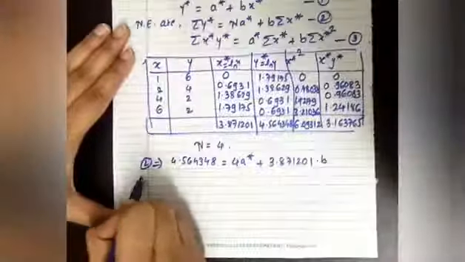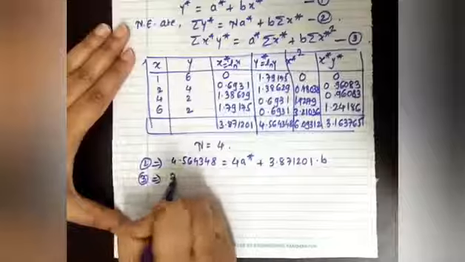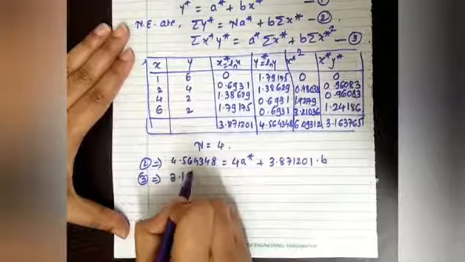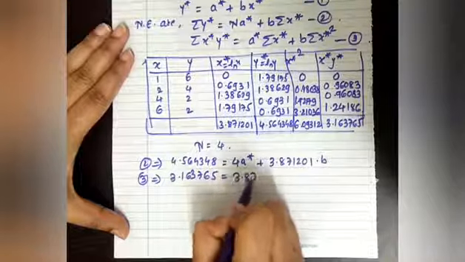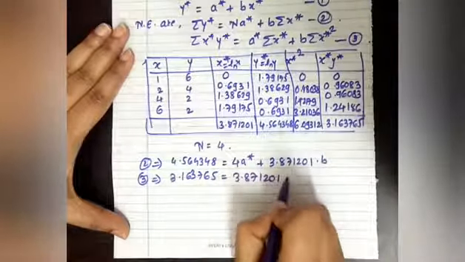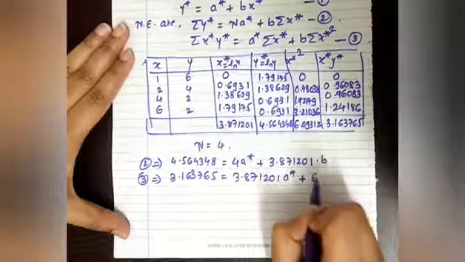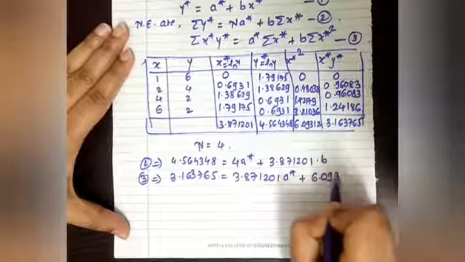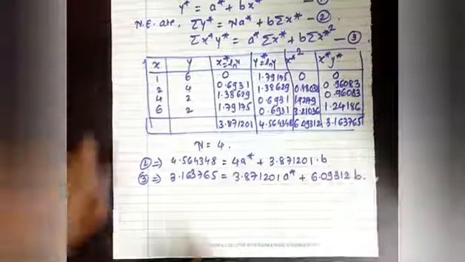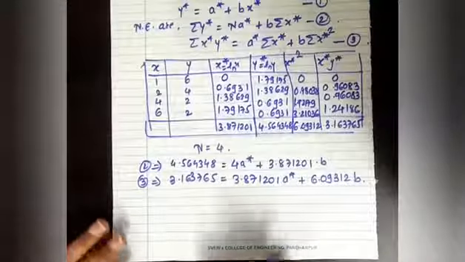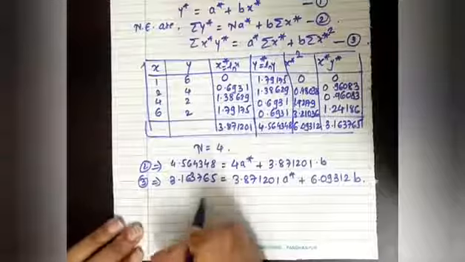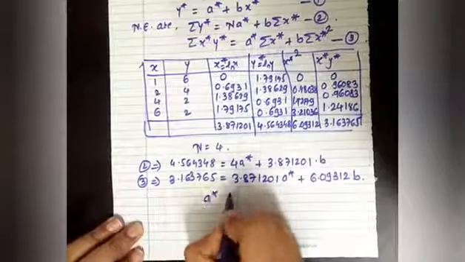Next, equation number 3 becomes 3.163765 is equal to 3.871201 a star plus 6.09312 b.